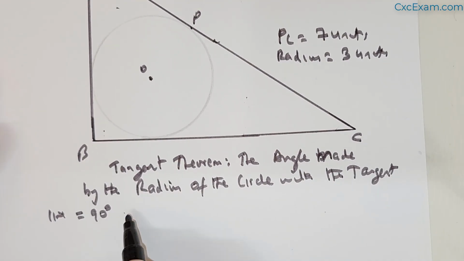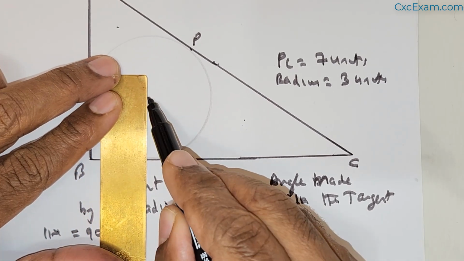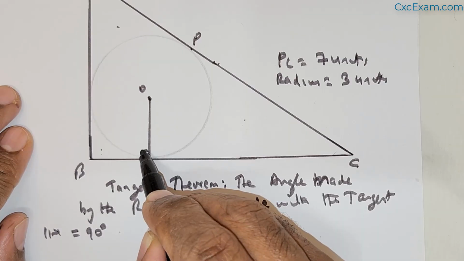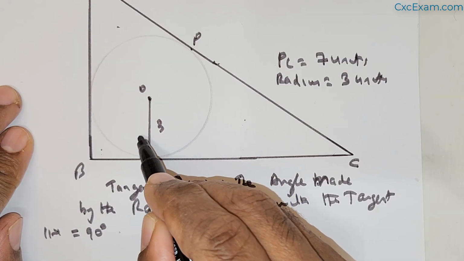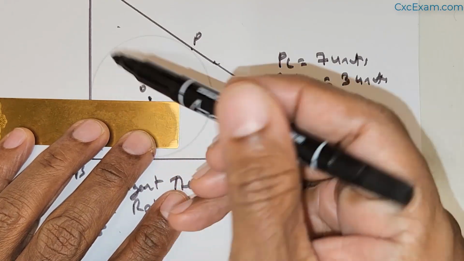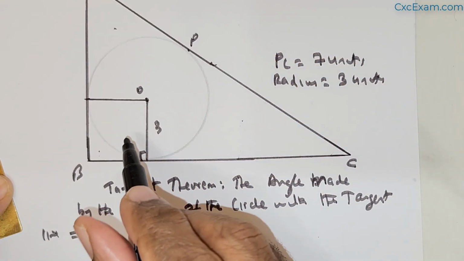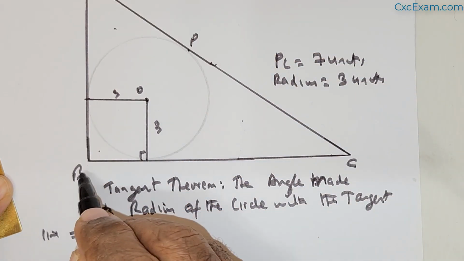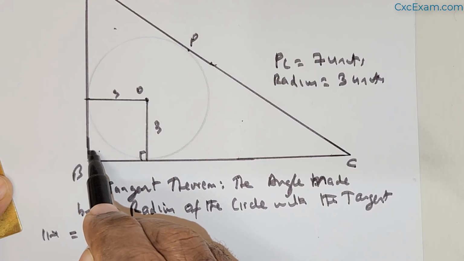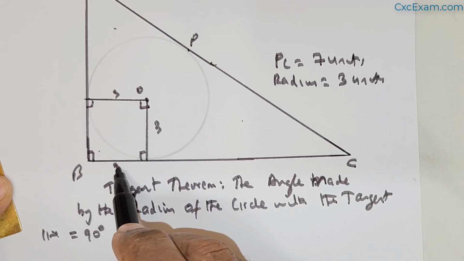So this would mean if I were to drop a line like this, this is 3 units, this is 90 degrees. Now by the same theorem I can drop a line over here, and this will also be 3 units, and clearly we see that this is 90 degrees, this is 90 degrees, this is 90 degrees, so this will also be 3 units.